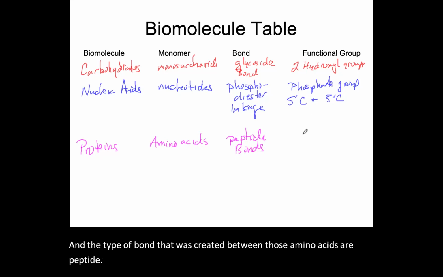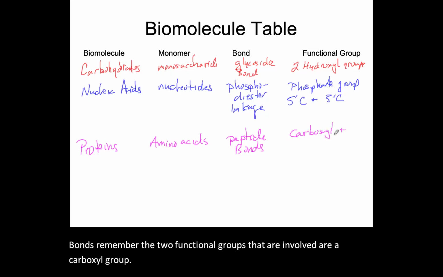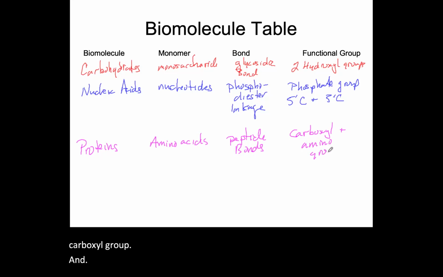And remember, the two functional groups that are involved are a carboxyl group and an amino group. And so this is kind of where we have left off with our look at proteins, just kind of getting a basic understanding.